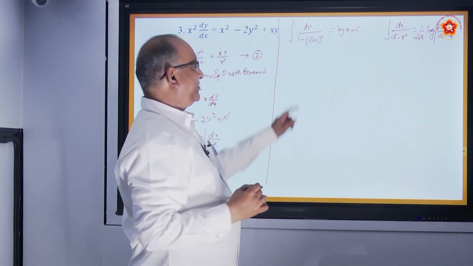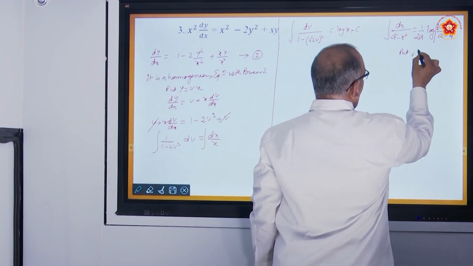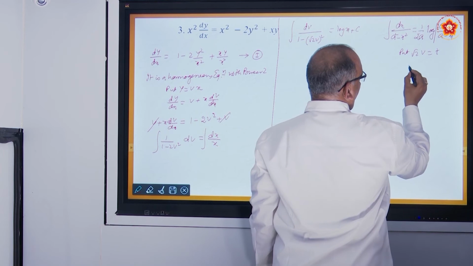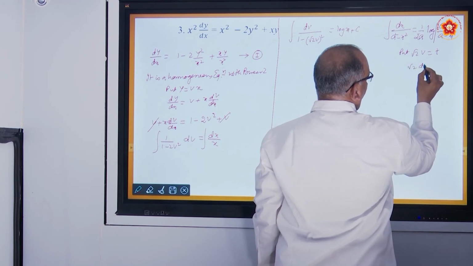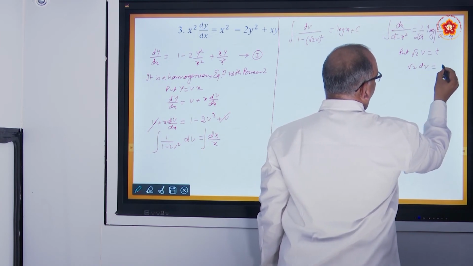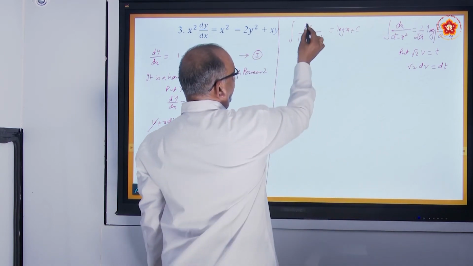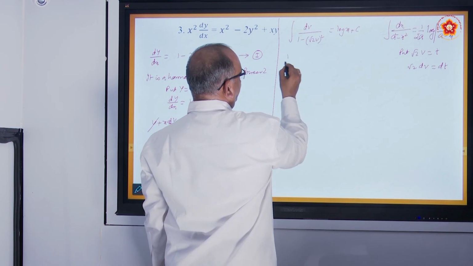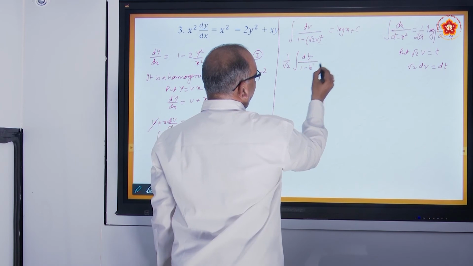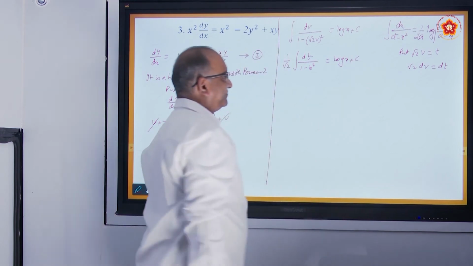Recollect that formula. So, if you substitute root 2v as t, what is that you are going to get? Root 2 dv equal to dt, or dv equal to 1 by root 2 dt. dv will become dt by root 2. So, it is 1 by root 2 dt upon 1 minus t square equal to log x plus c.